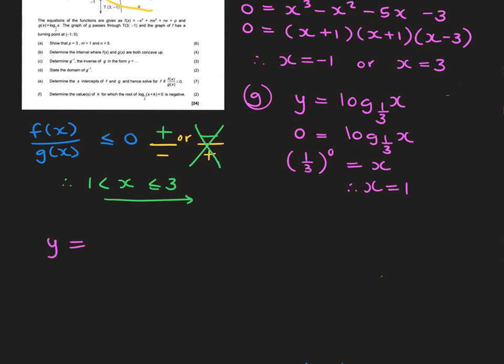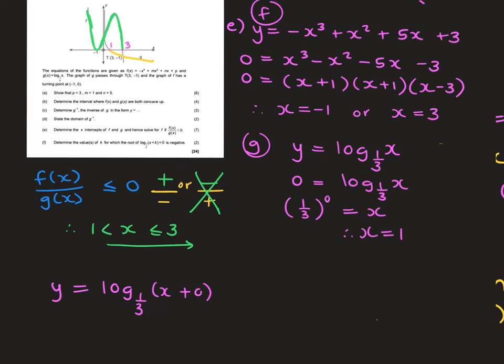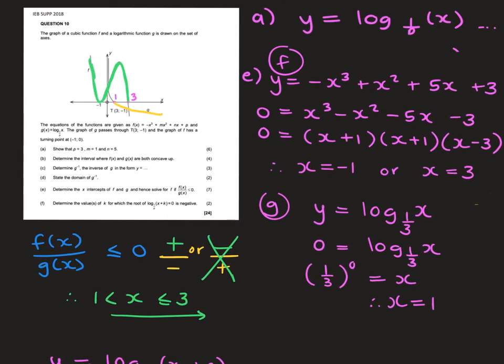If you have y is equal to log base a third of x, that's what we have at the moment, or what if I wrote it as x plus 0? Where is the asymptote for the log graph at the moment? Let me just get rid of all of this. The asymptote for the log graph at the moment is the y-axis. So the asymptote is the line x equals 0.